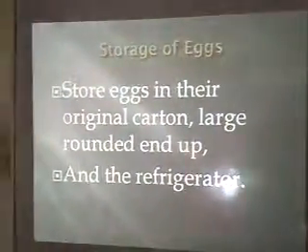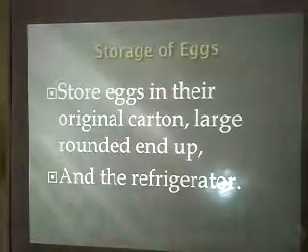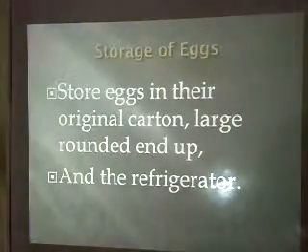Now, once we have purchased these eggs, how do we store them so that they can last long? Egg can be stored in various forms. One, it can be stored in its carton, which we normally refer to as a crate in Ghana.